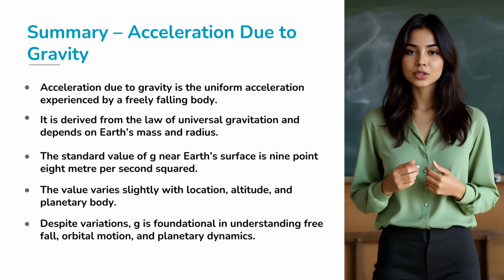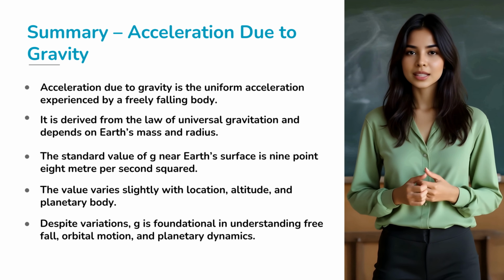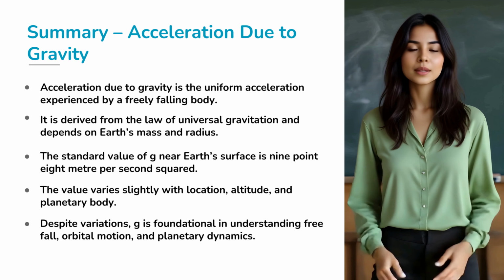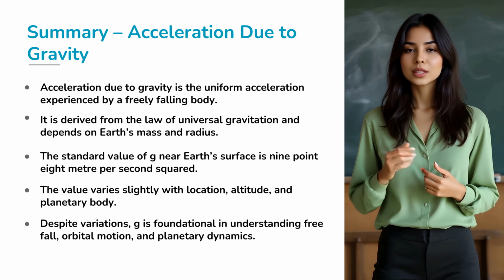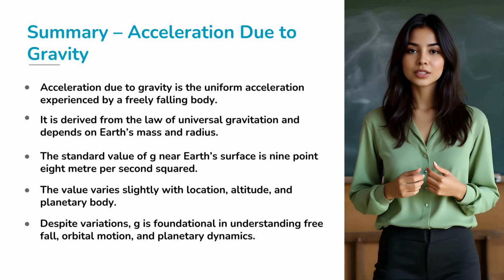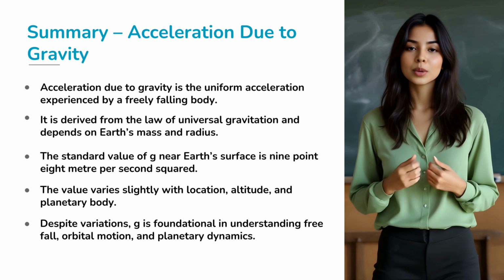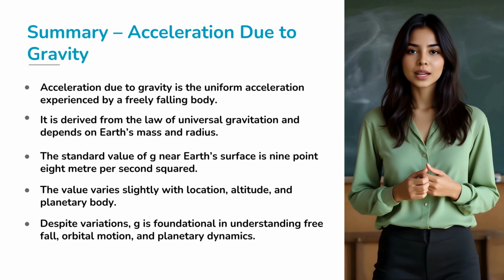This concept is not just important for dropping objects, it's at the heart of understanding satellite orbits, planetary motion, space exploration, and even how we walk here on Earth. So, whether you're thinking about Galileo's falling spheres or astronauts on the moon, remember, g is always working silently in the background, shaping motion everywhere in the universe.